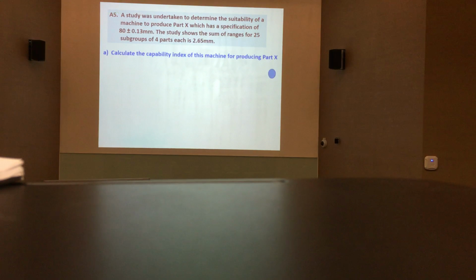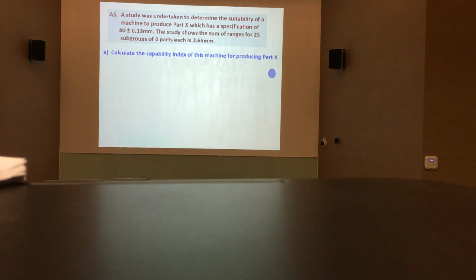Okay, so this question here is a question on the normal distribution. The first part, question number 5, asks: what is the capability index for this machine to produce part number X?